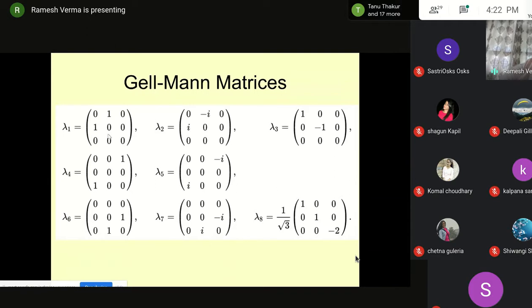And if you remember Pauli matrices, the 2 cross 2 part of these are the same as that. So if you play with the Pauli matrices by adding rows and columns of zeros as the first, second or third, one can build up these matrices. This is a quick way of obtaining the Gell-Mann matrices.